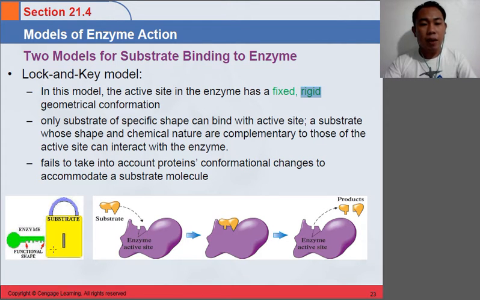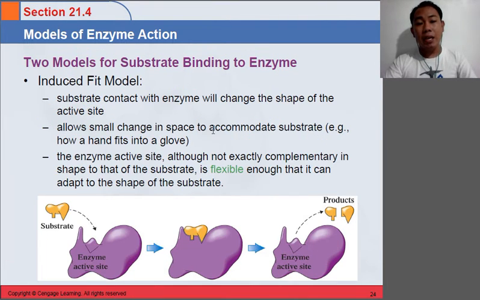So this is actually one example. The enzyme has its functional shape, and this is the substrate. Once it enters, it opens the lock. So this is what happened. The substrate's shape and the enzyme's active site are complementary, then it will undergo a reaction and form a product.